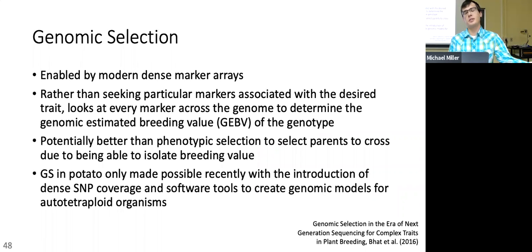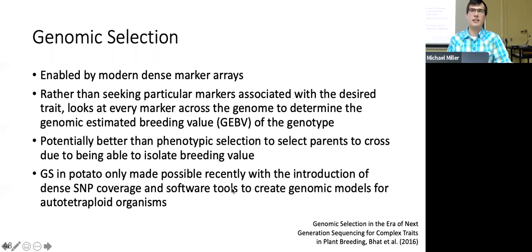Genomic selection is enabled by modern dense marker arrays. Instead of looking for a specific marker that's associated with your trait, you look at all of the markers across the genome. Each of those adds or subtracts a certain amount from a trait, and you add those together to get a genomic estimated breeding value for that genotype.